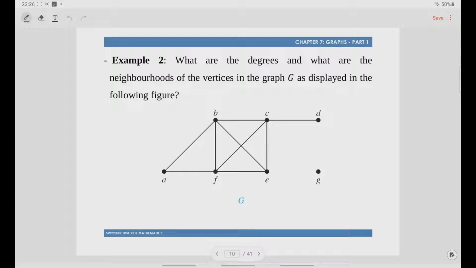The first task is to identify the degree of each vertex: vertex A, B, C, and so on until the vertex G. The second task is to identify the neighborhood of the vertices in G. Let's see how to answer this question.